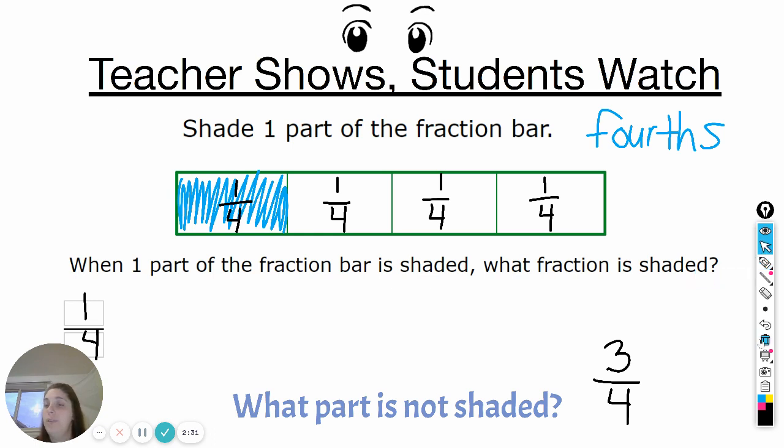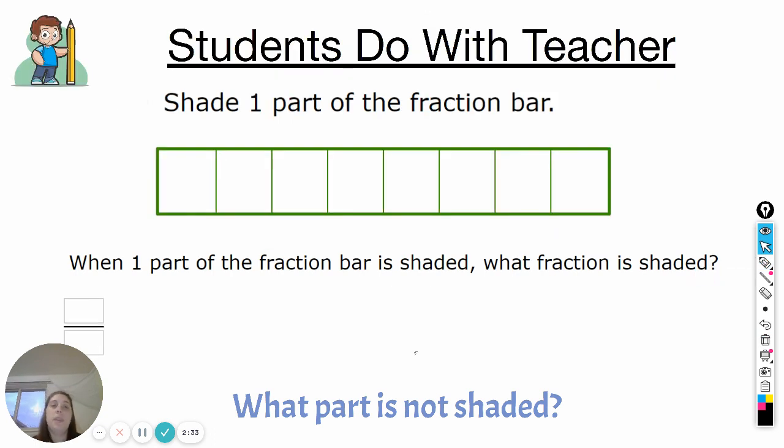Okay, let's go ahead and have you try one with me. First, I'm going to give you a moment to draw this fraction bar on your whiteboard. If you see, we have 1, 2, 3, 4, 5, 6, 7, 8 pieces.